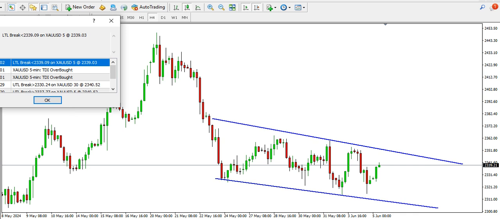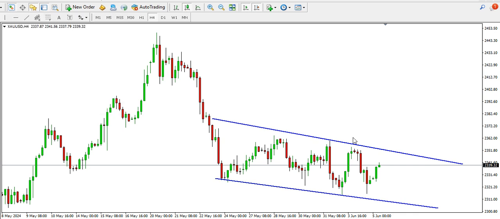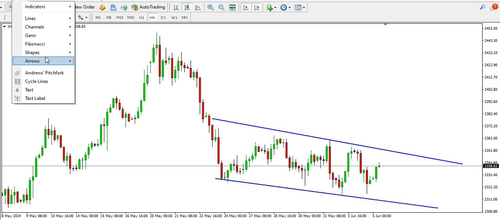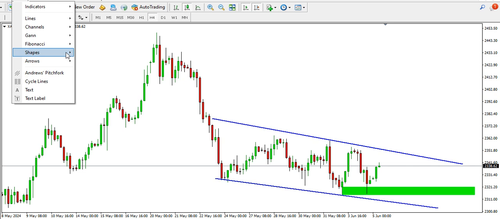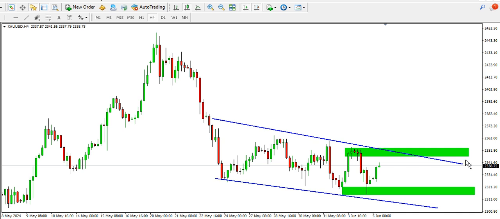Buyers will buy around here, the low of the range, I'm talking about the 2321 area, while sellers will sell around here, at the 2351 area for now.